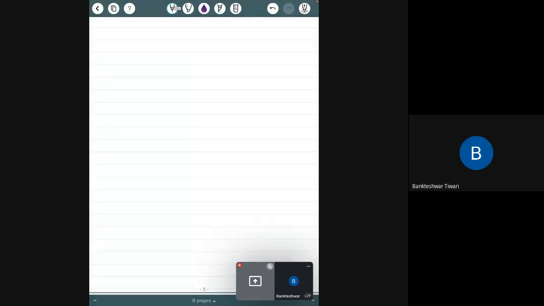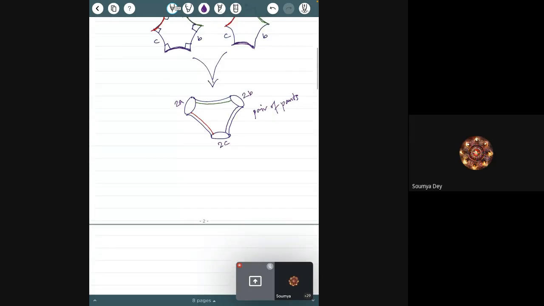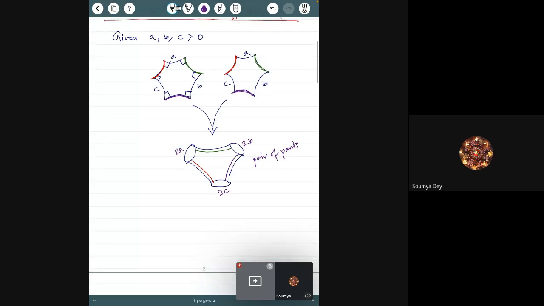Soumya, can you also comment on why these orthogonal sides are needed? Right. Yeah. So you see, because these angles are 90 degrees, after gluing, this total angle is actually 180 degrees. So suppose this angle will be 180 degrees.